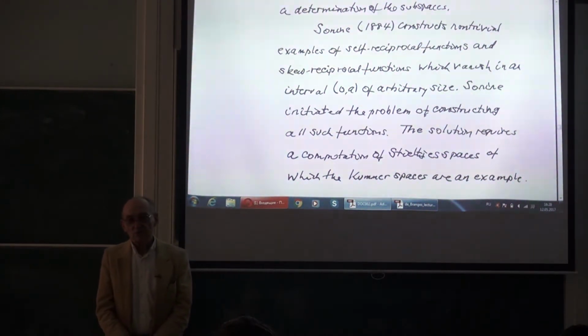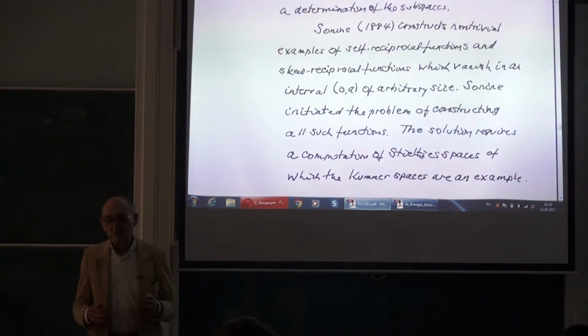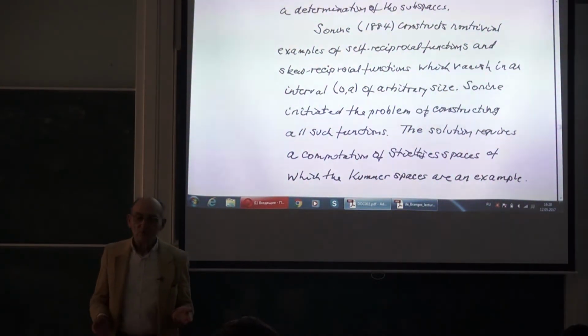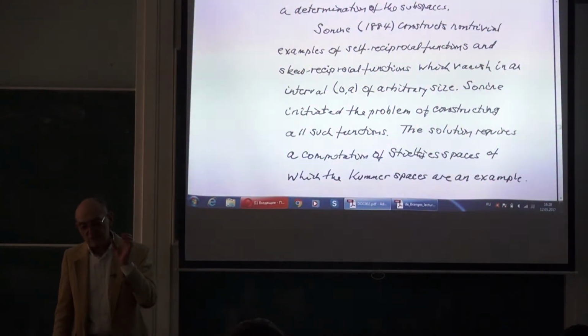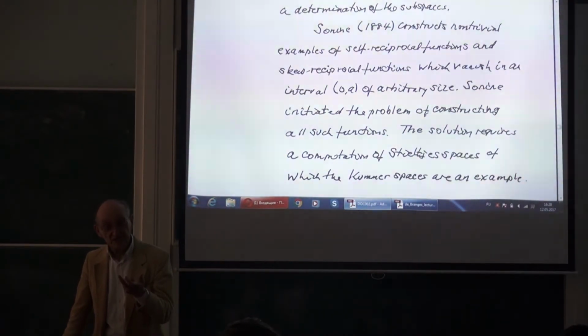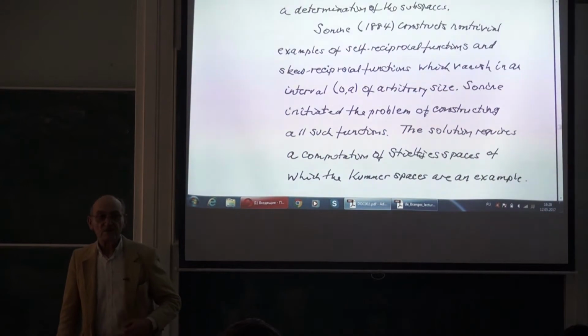And what Sonin showed, he gave examples of functions that vanish in the neighborhood of the origin, if you think of Fourier analysis, or if you think of the Hankel transformation, you think of functions that vanish in the neighborhood of the origin on a half-line, in other words, in the interval 0a. It is possible to have a function that vanishes in the interval 0a and whose Hankel transform also vanishes in the interval 0a, but does not vanish identically. Now this is a very fundamental fact.